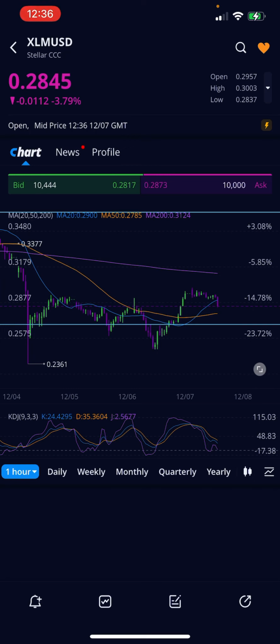What I'll do, I'll go to the 50 MA. The orange line is currently around 0.27, so I'll put it around 0.275.